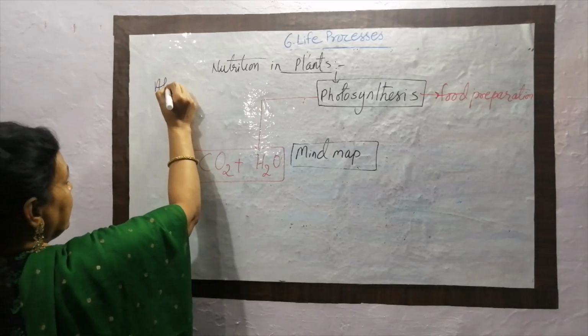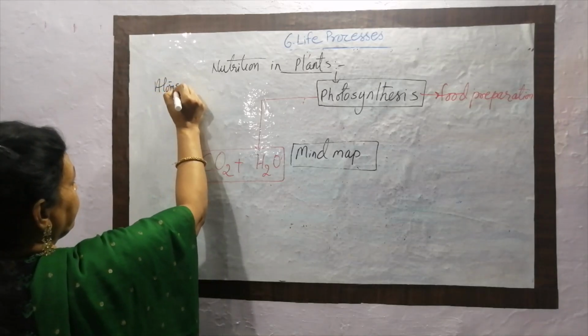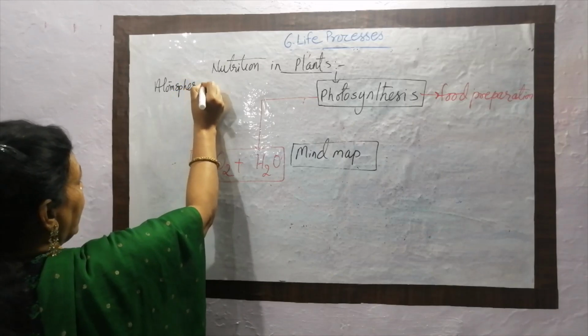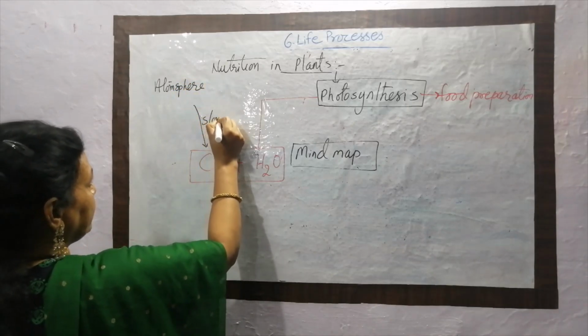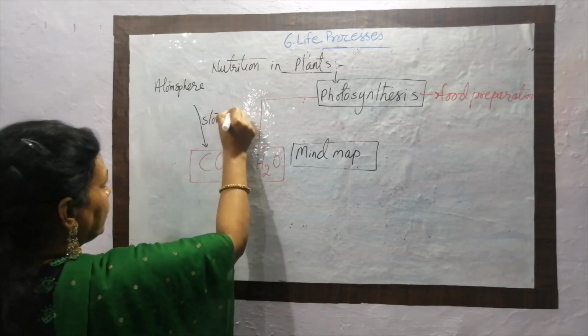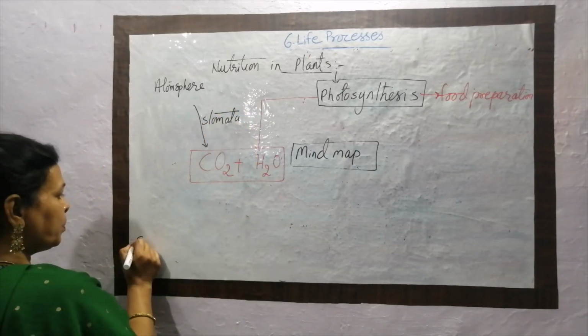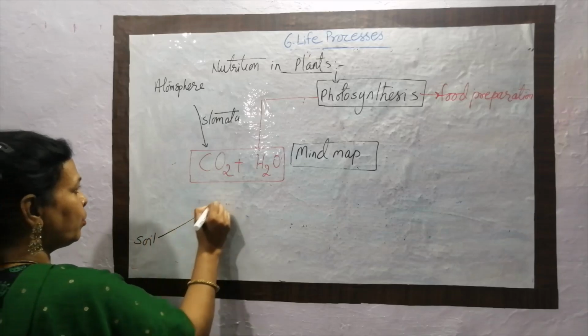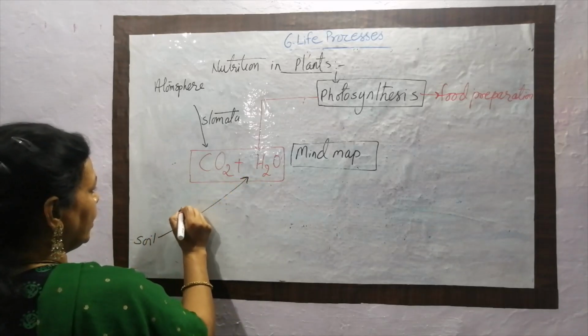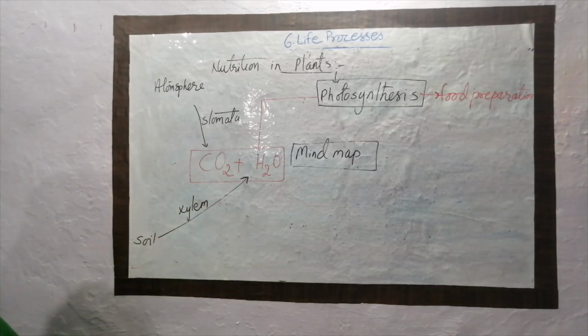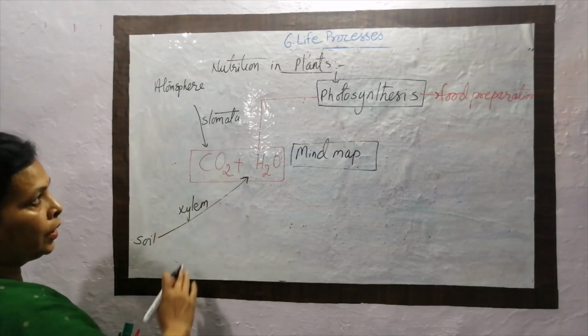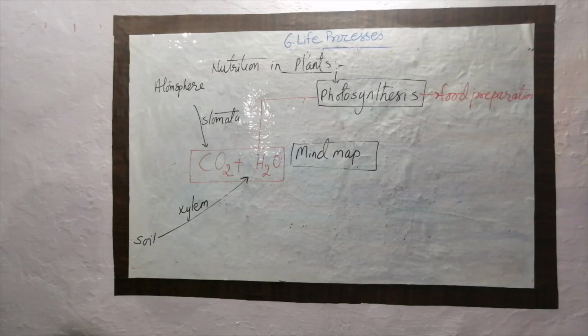It is present in the atmosphere and it is provided to the plant with the help of stomata. What is the source of water? It is present in soil and it is provided to the leaf with the help of xylem tissue.